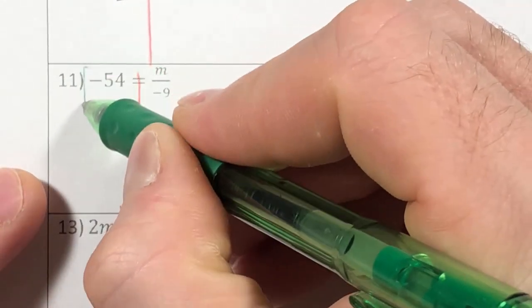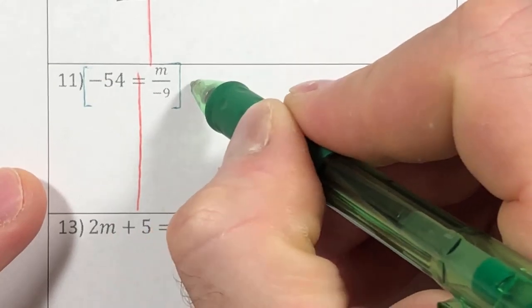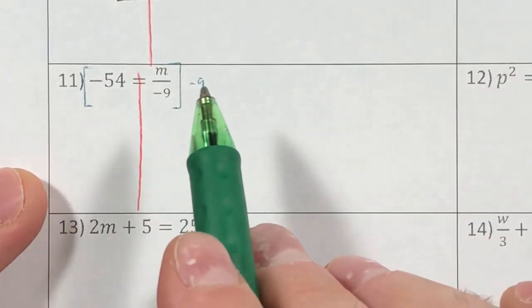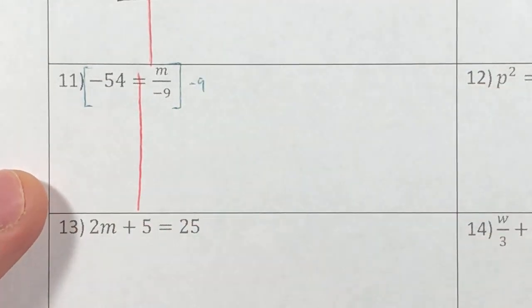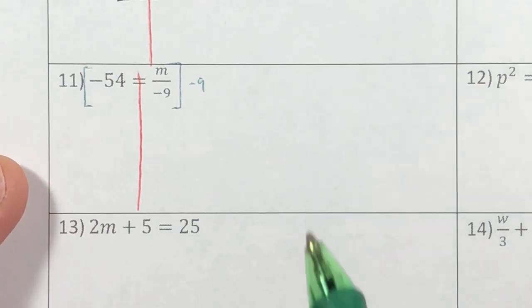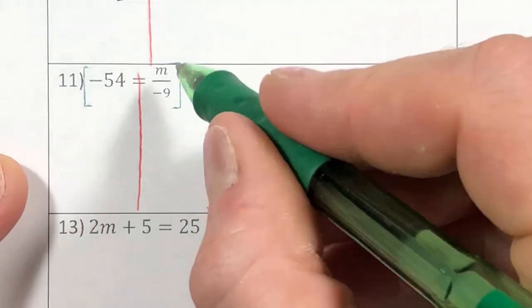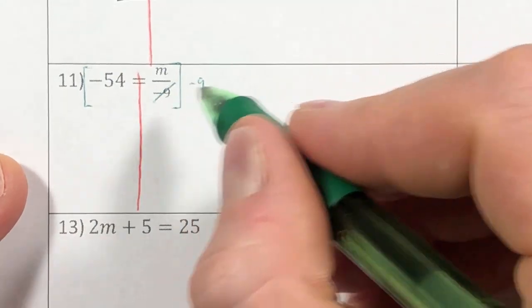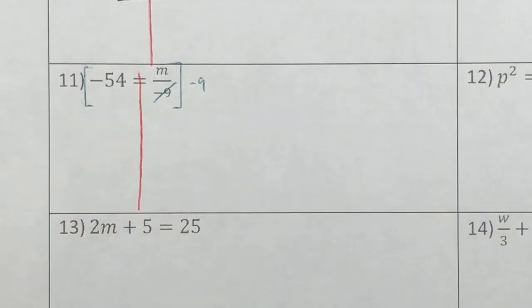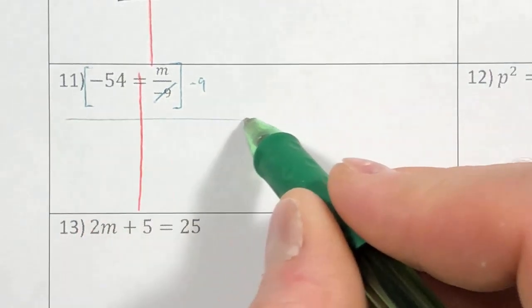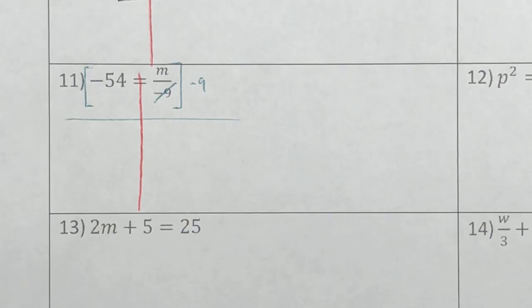Well, in that case, I'm going to make a -9 on the outside of the equation and multiply everything in this equation by -9, which is going to get rid of, ideally, this fraction. I don't care what it does to any other part of the equation, I want to get rid of that -9. So if I do that, let's separate, boom, what we've got going on right here.